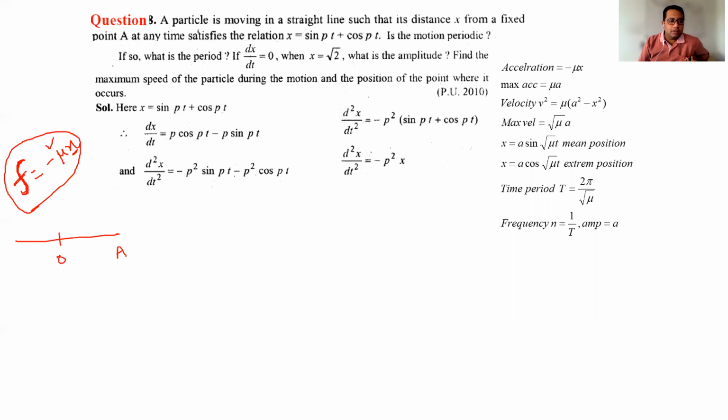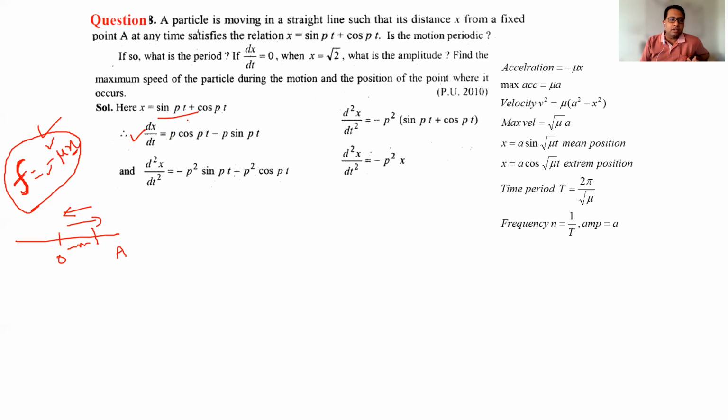Because x is measured from this side, the particle is moving on this side, but acceleration is directed towards O. That's why the negative sign. So if we prove that the acceleration is of this type, then we are done: the motion is simple harmonic. That's why we are doing the derivatives here, to find the value of acceleration.